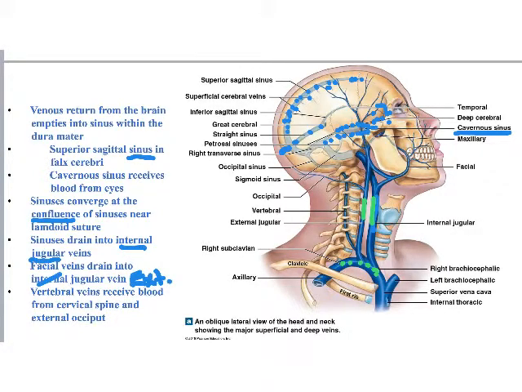Then there is a vertebral vein, just like there was a vertebral artery. It follows the vertebral artery, and it's going to drain the posterior circulation as well as the cervical spine. And it's also going to eventually dump into that brachiocephalic trunk.